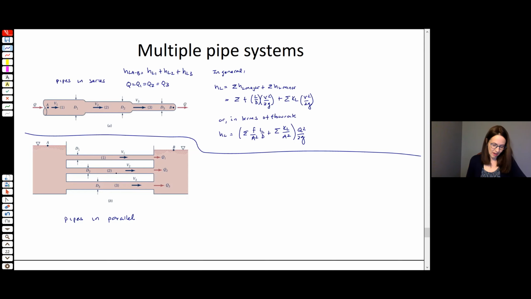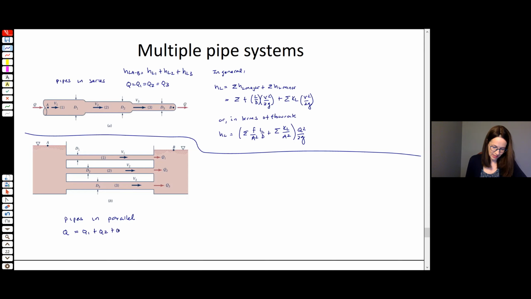Due to the fact that a fluid particle could travel through any of these 3 pipes to get to the other reservoir, the losses through any of the 3 paths have to be the same. So we have this fascinating result that even though the pipes are different, the losses through each individual pipe in parallel are identical.